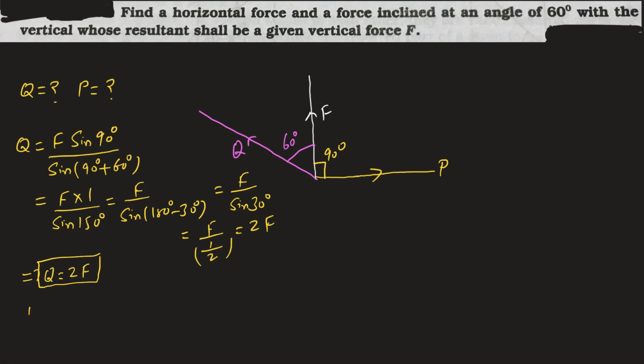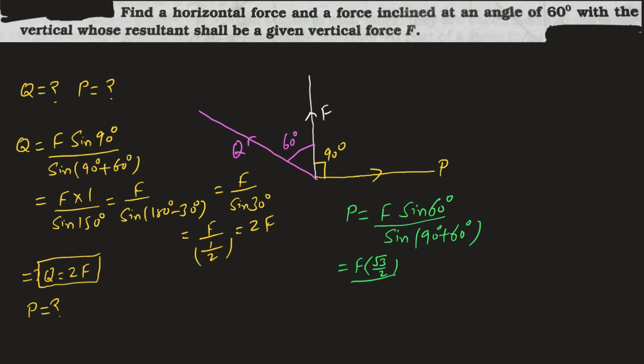Fine. So, we have to find the other component P. So, let me try. P will be F sine of the other angle. In this case 90 degree is the primary angle, other angle is 60 degree. So, write over here 60 degree. Sum of the angle sine 90 plus 60 degree. F sine 60 degree will be root 3 by 2, and as calculated, this is equal to 1 by root 2.